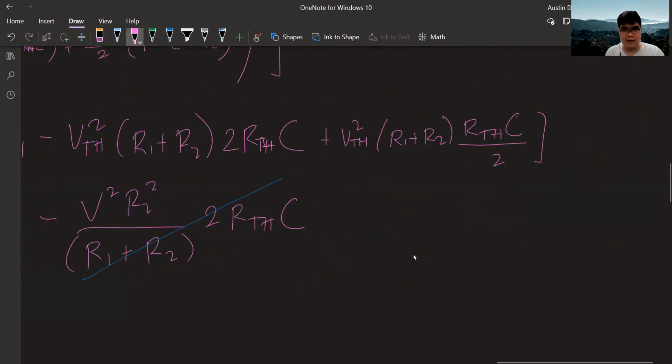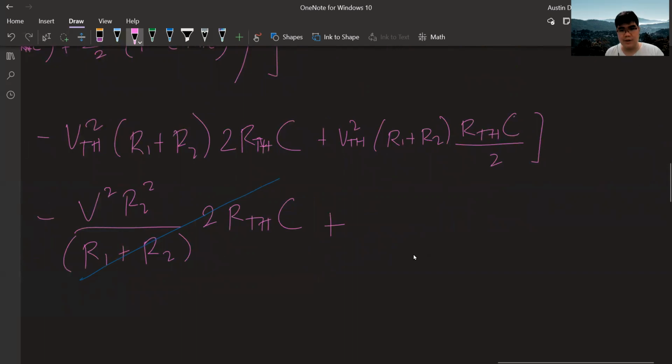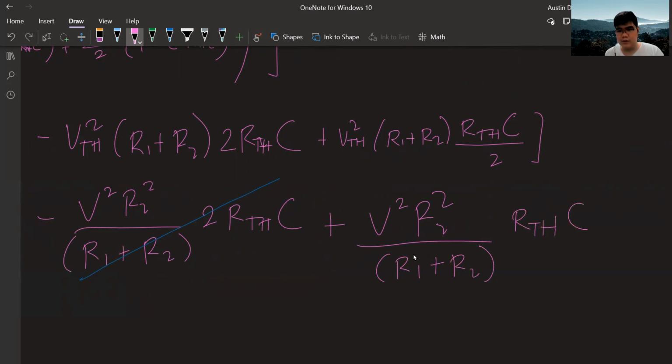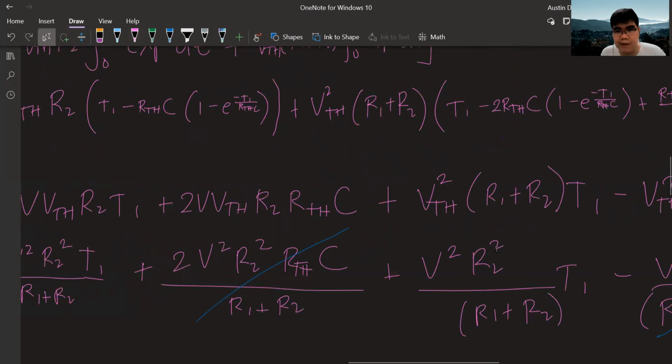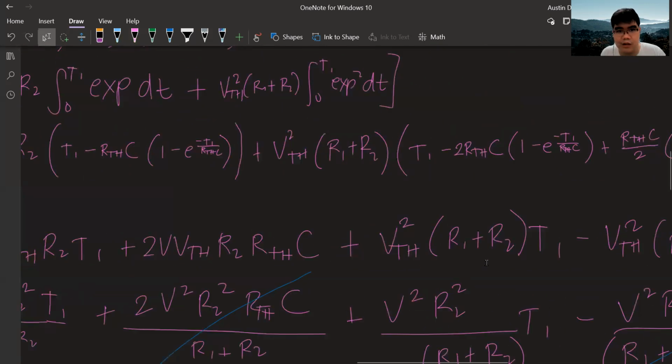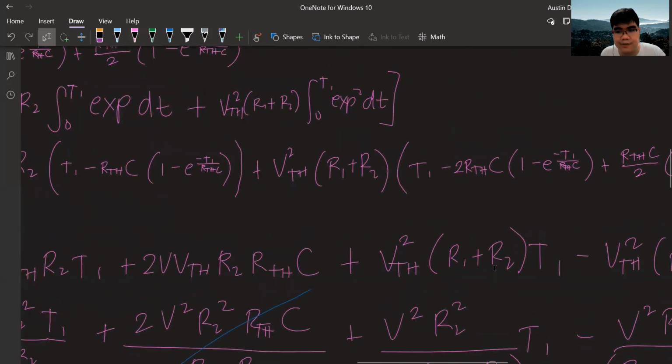And then, lastly, plus V_th squared, and then, ganun pa rin, V squared R2 squared, tapos R1 plus R2, and then R_th. This doesn't cancel out nicely. Okay, so we have this. Okay. Tama ba 'to? Ano ba yung ginawa natin dito?